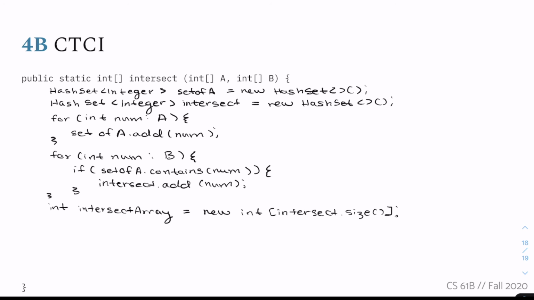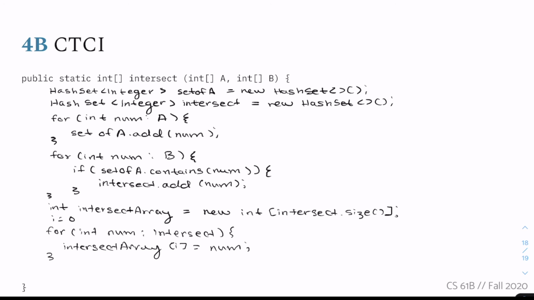And then now that we have that, we can have i equals 0, and then for int num in intersect, array i equals num. And now we can just return it. Great.